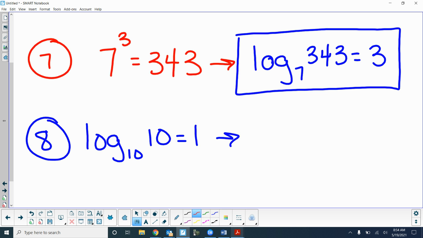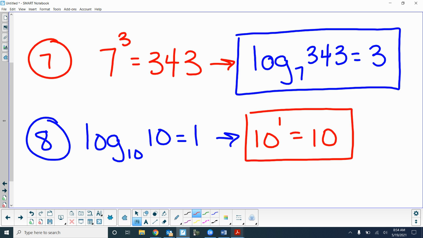So the base is 10. The exponent is 1 equals the number, which was also 10. And that's a true statement, right? 10 to the first is 10. You guys knew that, right? So 7 and 8 is just going from one form to the other. You guys were good at this when we actually did it. It's been a while, right?